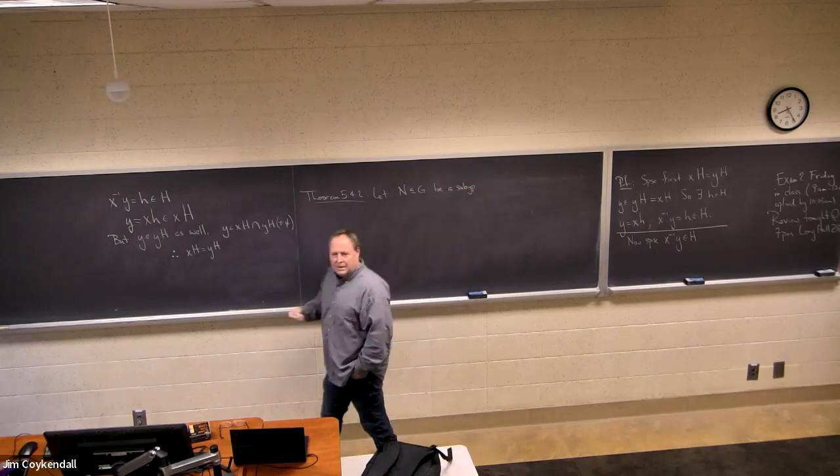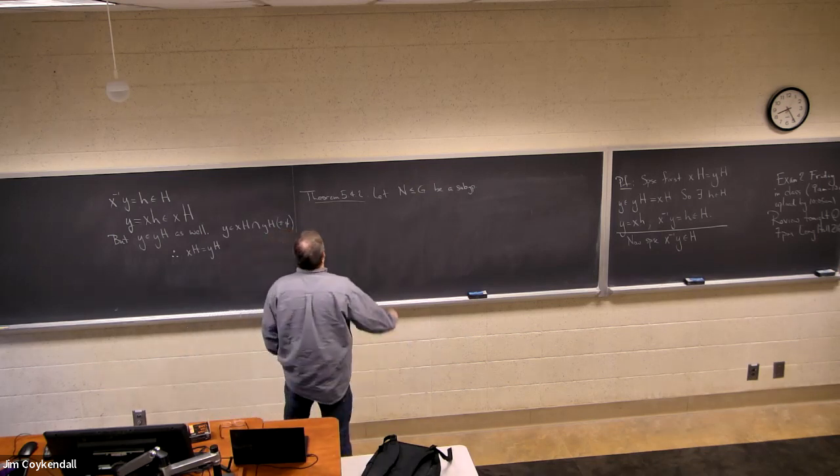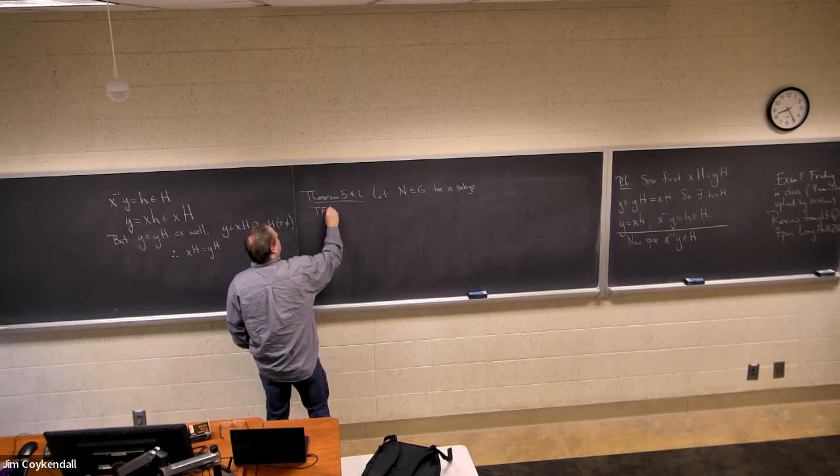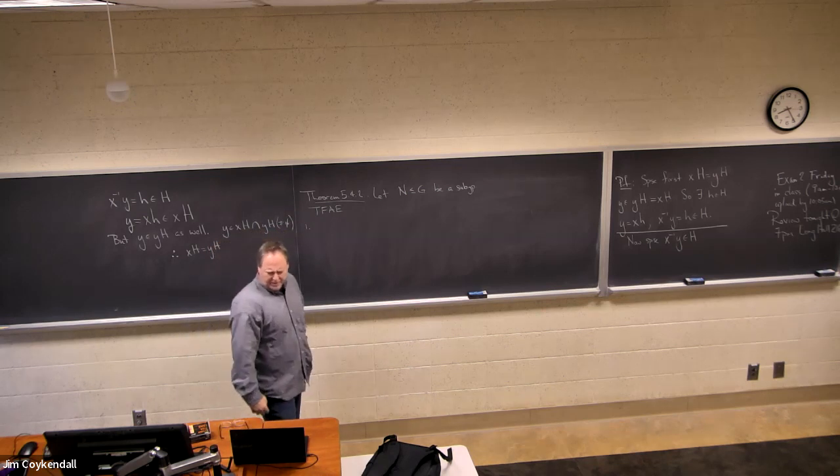So let N be a subgroup of G. The following conditions are equivalent. So these are basically equivalent ways of saying it's normal.